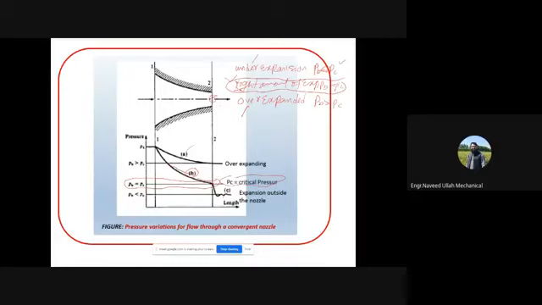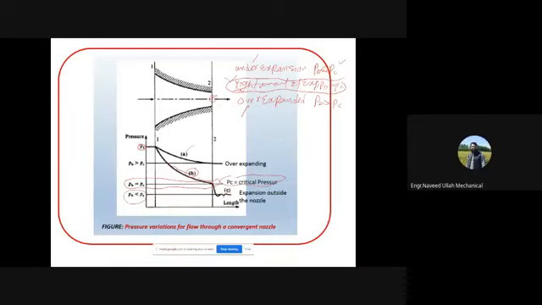So if your PB is less than PC, as we discussed, the pressure from P1, which is your inlet pressure, should decrease inside this nozzle in order to accelerate the fluid.